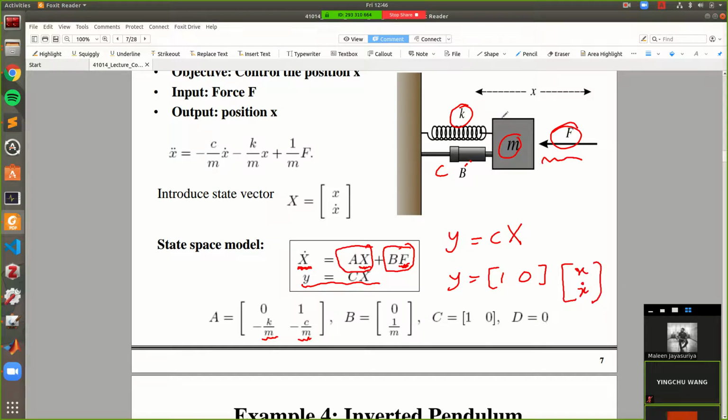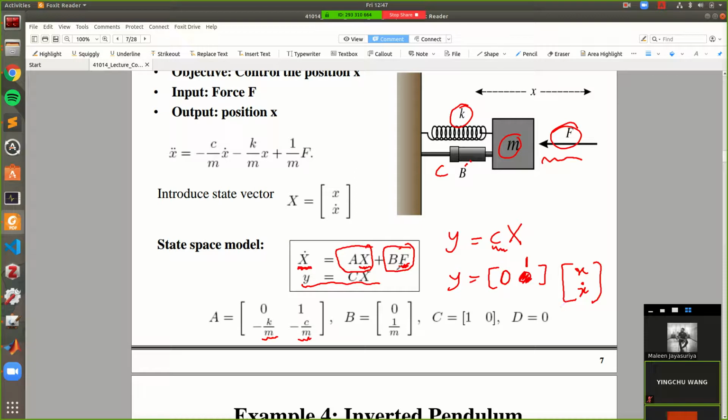If you're interested in the velocity, your C matrix will look like this, and it will give you the output of the velocity. Cool. So this C matrix in your state space model really depends on what you consider as the output out of the states that you're thinking about.